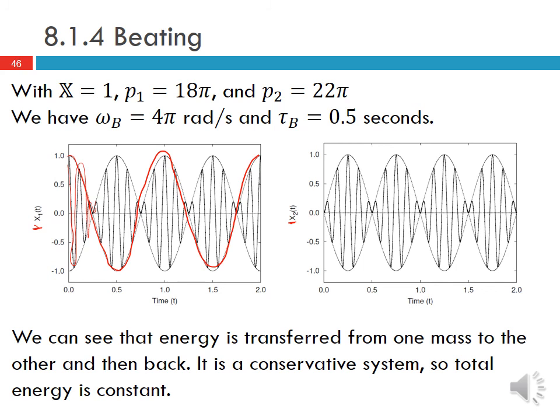So we can see that the energy is transferred from one mass to the other and back. It's a conservative system, so the total energy is constant. Basically you can see that this mass is moving the most when this one is not moving at all. And then as the amplitude of this one goes down to 0, this one reaches its largest amplitude. So basically the energy is transferred from one mass to the other and back.